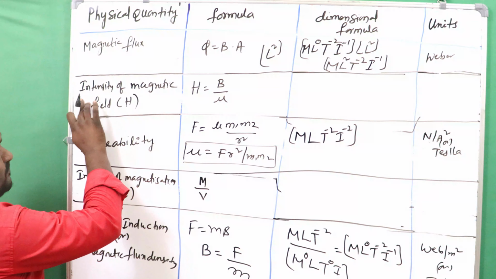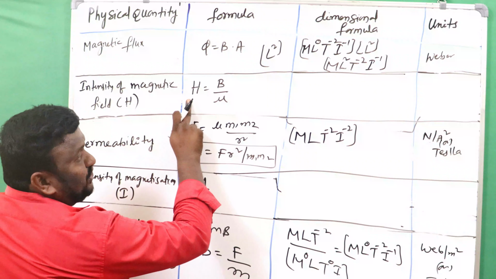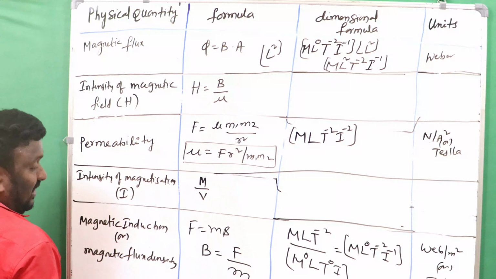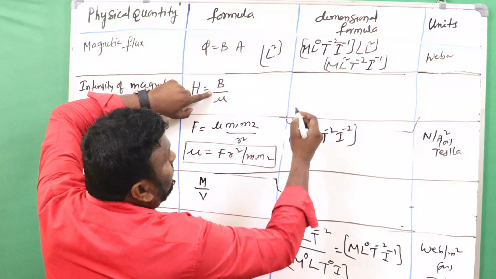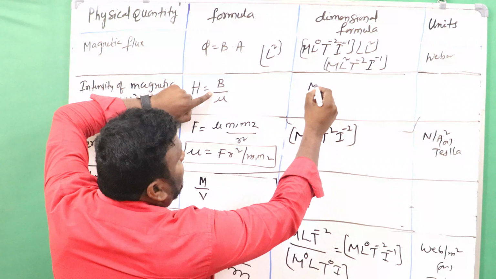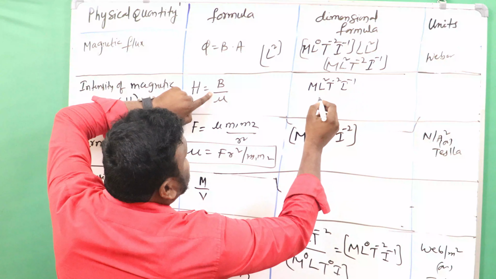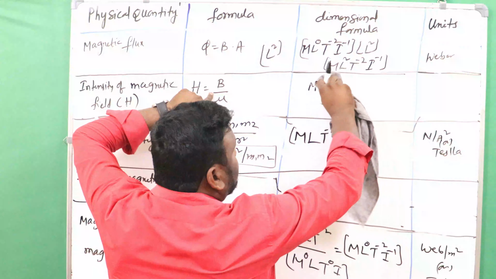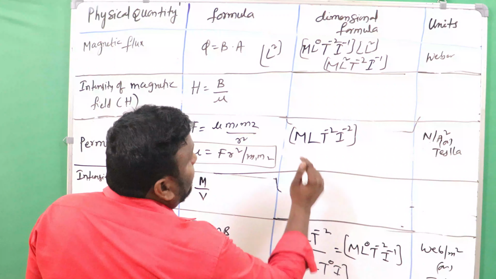Now intensity of magnetic field. Intensity of magnetic field should be represented by the capital H. The formula is H is equal to B by mu. Obviously B is the magnetic field and mu is the permeability. So what is the B dimension formula here?